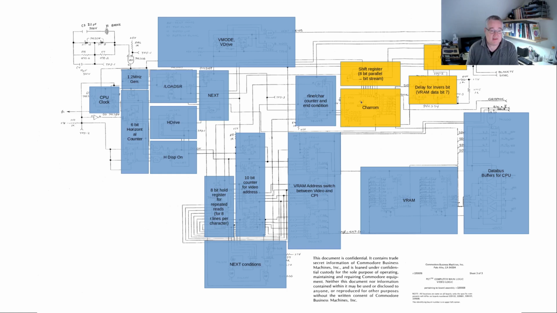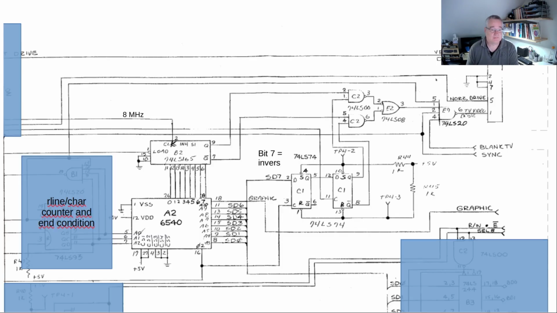Let's look how the character ROM and the pixel are created. So we have the character ROM, which is the 6540 chip here. It's always selected. You get the raster line count and end condition are the lowest 3 address bits. We have the address bits from the data bus, from the RAM data bus.